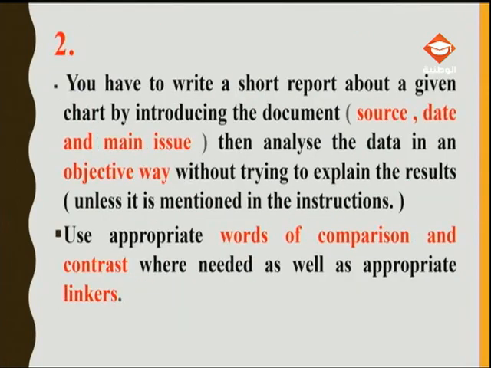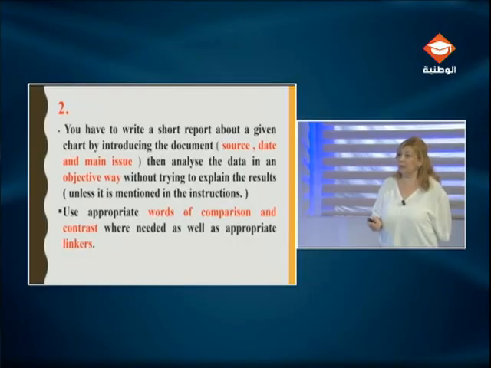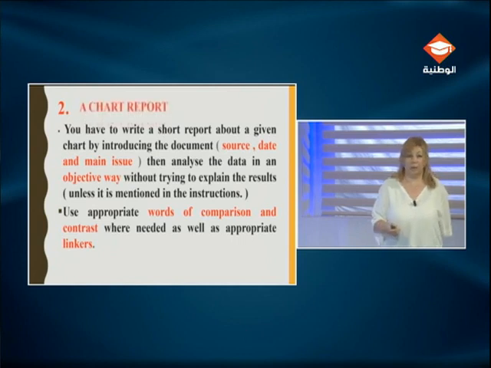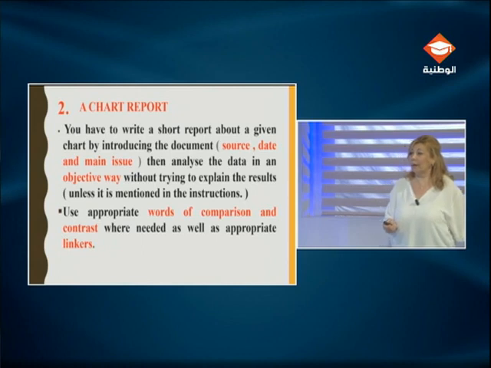The second type of writing or paragraph you will have to write is a chart report. Many students find this task quite challenging, but once you know how to deal with it, it becomes easy. So, what should you do? You have to write a short report about a given chart by introducing the document.